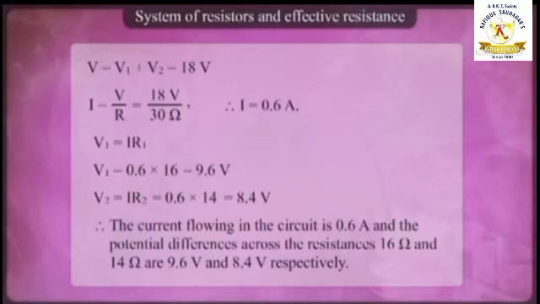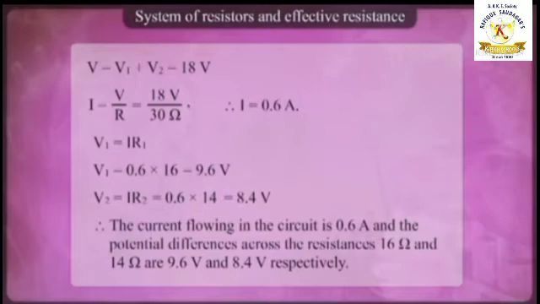So I is equal to 0.6 ampere. Now V1 is equal to I multiplied by R1, that is, I is equal to 0.6 and the resistance, the first resistance which was connected in series, was 16 ohms.